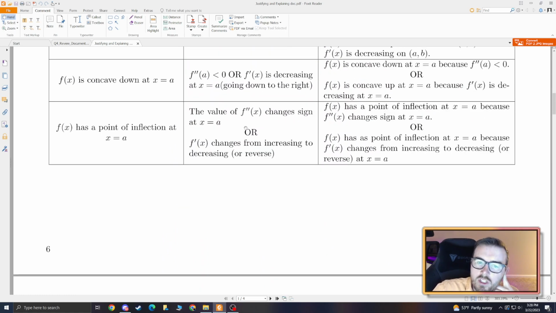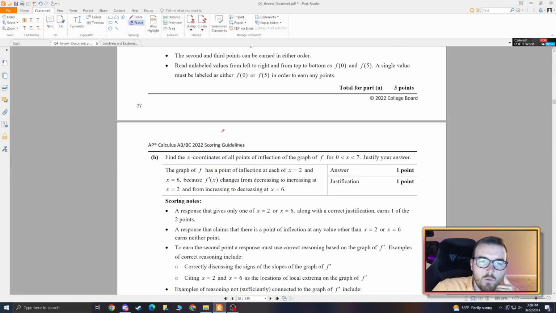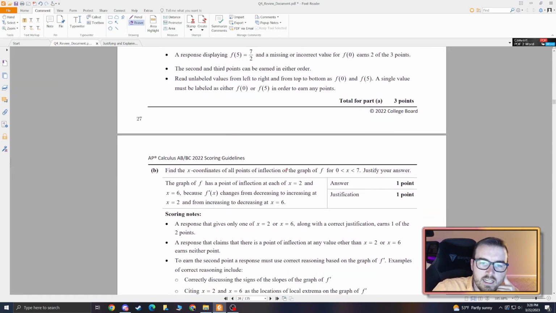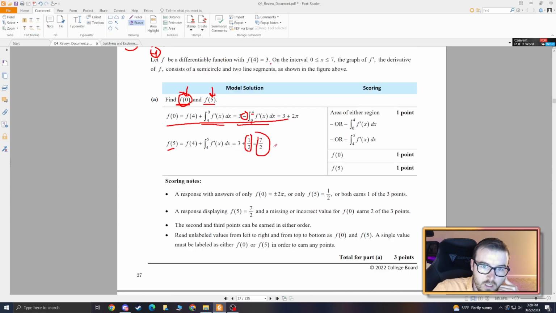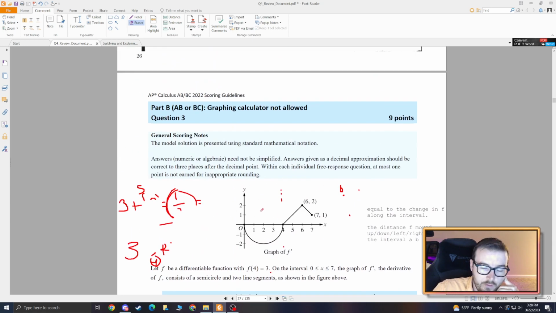A point of inflection is when the second derivative changes sign, or in other words, the first derivative changes from increasing to decreasing. You can think of it either way, but what we're talking about here is it's asking what are the points of inflection of f? This is not f.